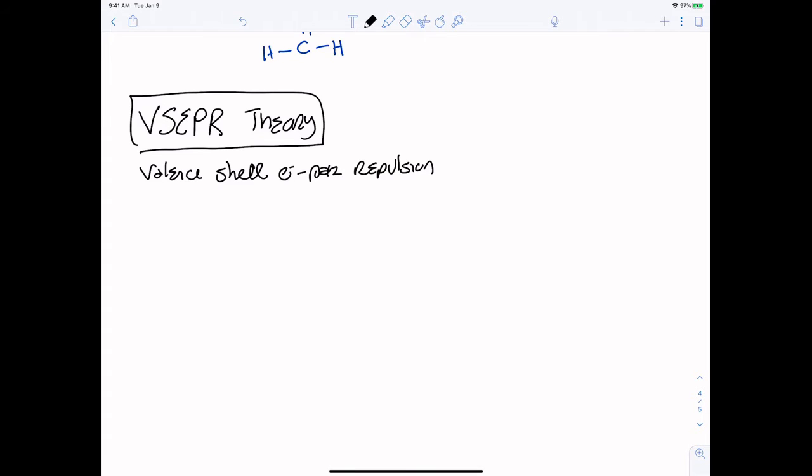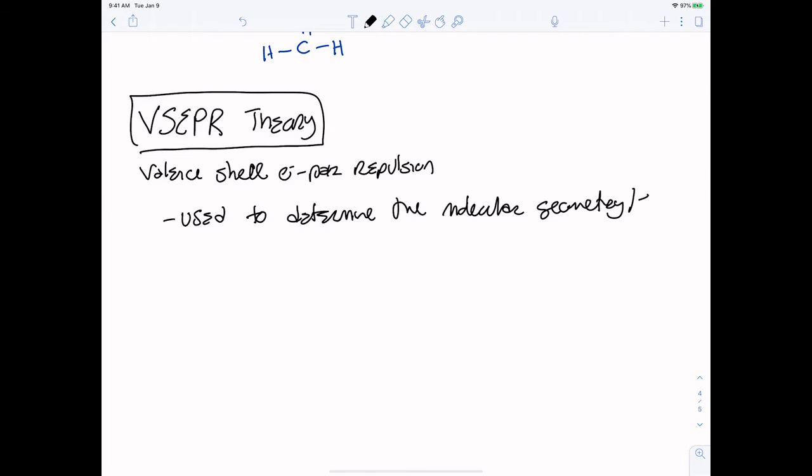So it's basically based on the fact that electron pairs repel each other. So we look at our Lewis structure, we see how many electron pairs we have. They want to get as far apart from each other as they can in 3-dimensional space, and then that's going to give us our shape. So this is used to determine the molecular geometry or shape of the molecule.